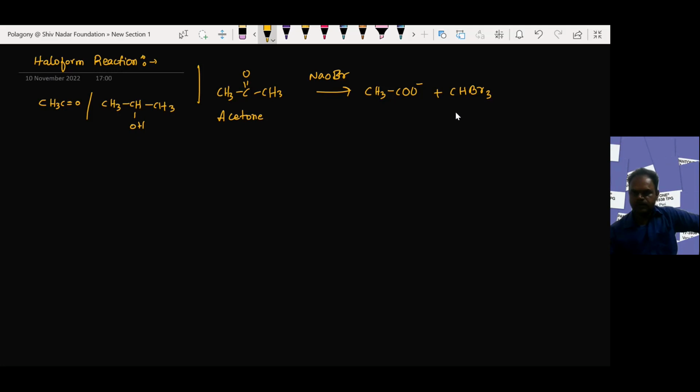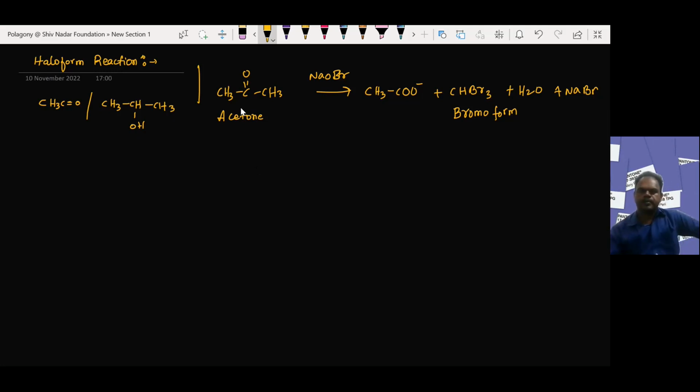This is called a haloform compound, which is said to be a bromoform compound. Bromoform, plus water and NaBr are formed.